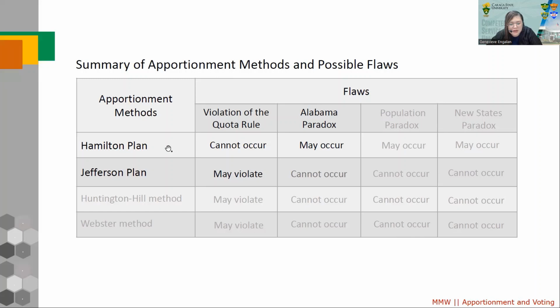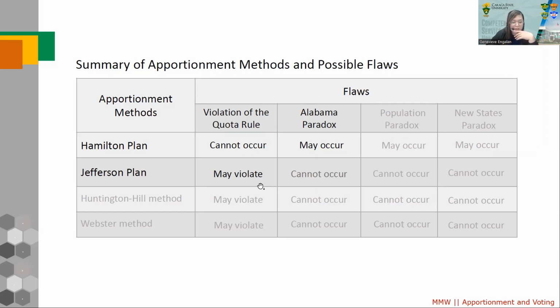We have the Hamilton plan and Jefferson plan, and other apportionment methods which we did not include in our discussion: the Huntington-Hill method and the Webster method. For the Hamilton plan, the Alabama Paradox may occur, but the quota rule violation will never occur, since it only adds 1 to the standard quota.